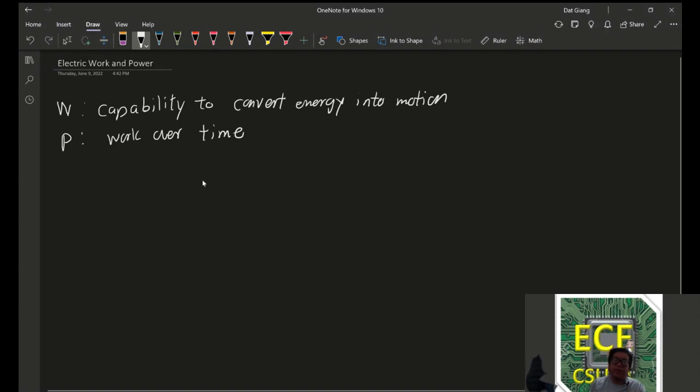In the scope of circuits, in order for us to do electric work, we are trying to put a source to force electrons to move across any medium, whether it's resistive, capacitive, or inductive.